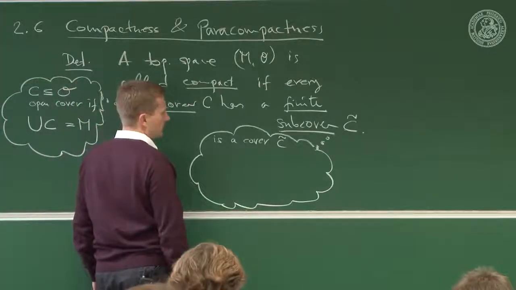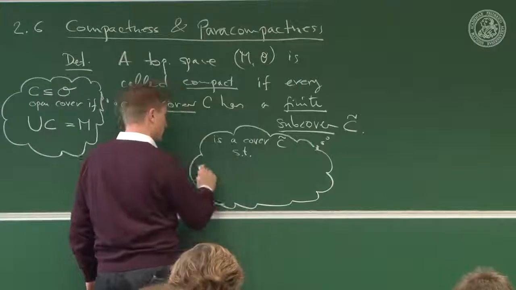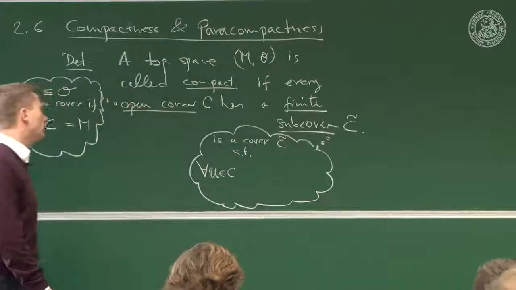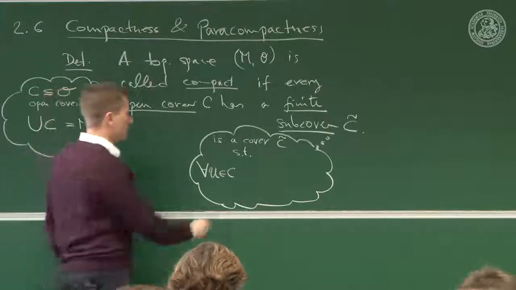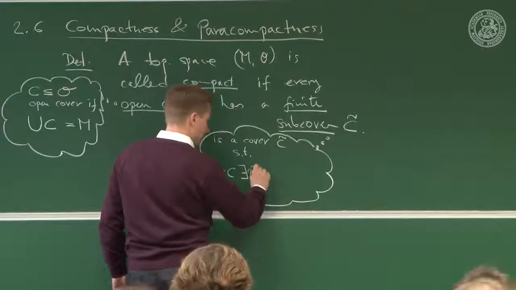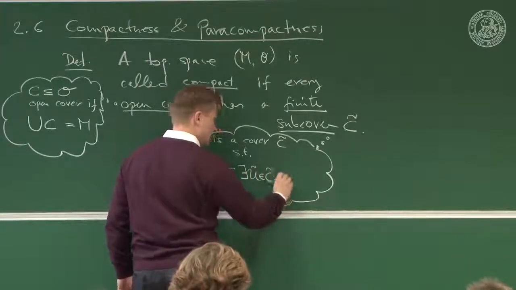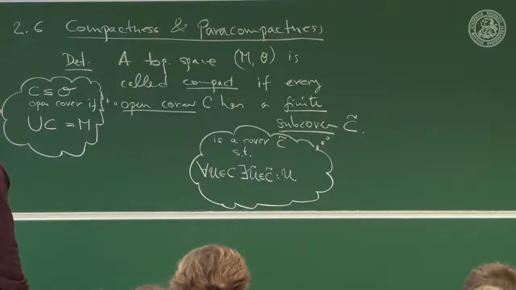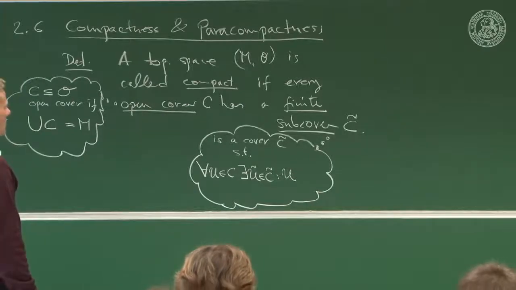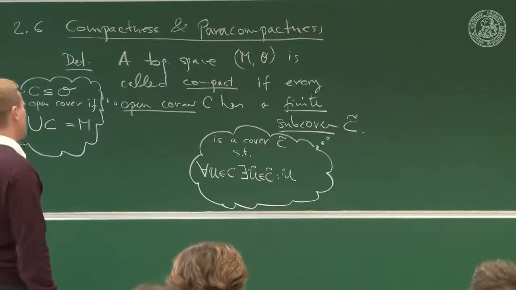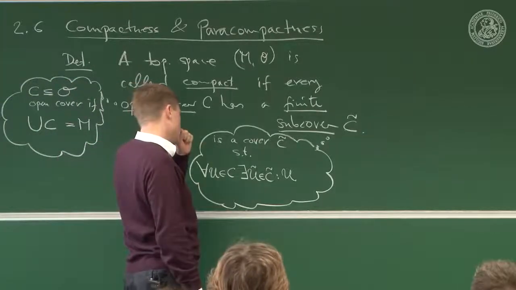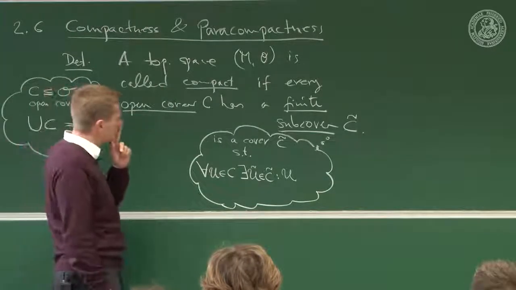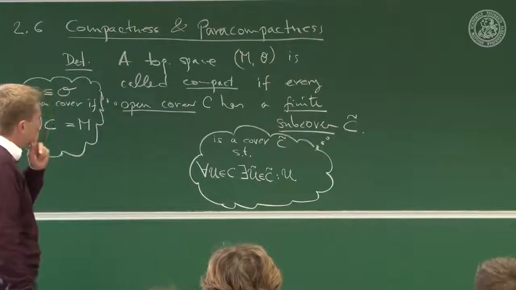It's a cover C twiddle, such that for every element in the cover, for every open set in the cover we have, there exists an element U twiddle in C twiddle such that U, hang on a second. For every U in C, there exists a U twiddle in C twiddle. No, this is already the refinement. Hang on a second. That's too weak.